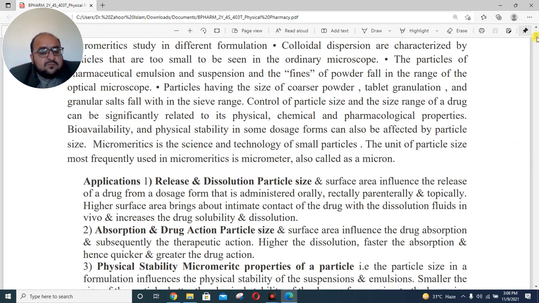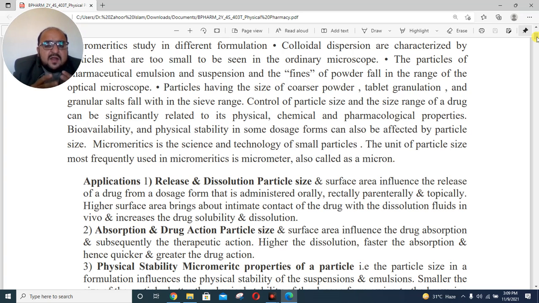There are some pharmaceutical applications which I am going to highlight. The first application is release and dissolution. Particle size and the surface area can directly influence the release of a drug from a dosage form that is administered orally, rectally, parenterally, and topically.